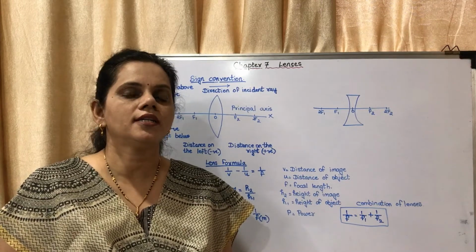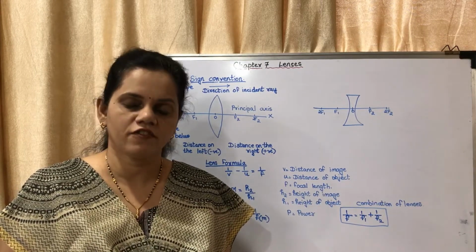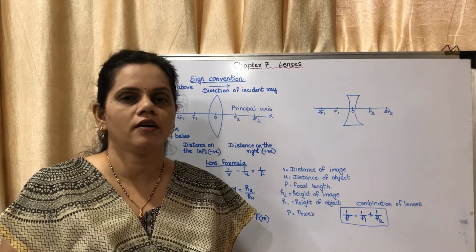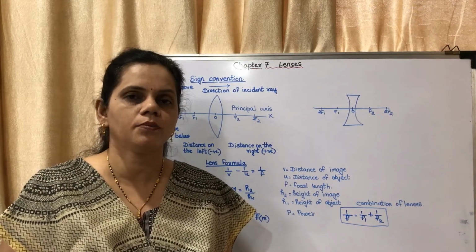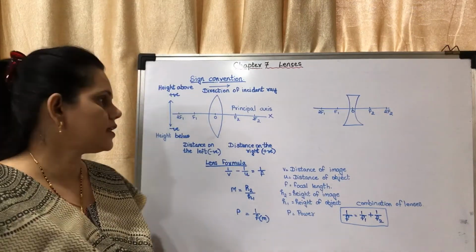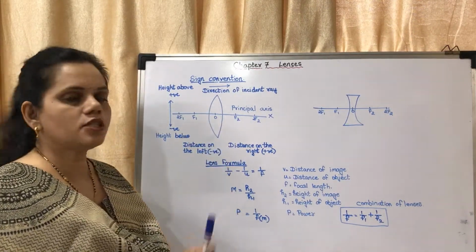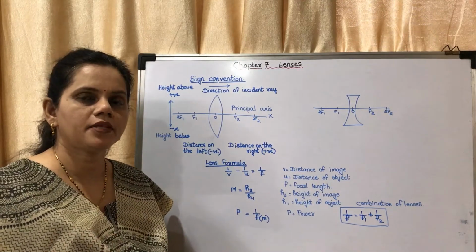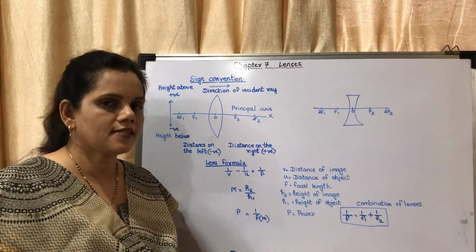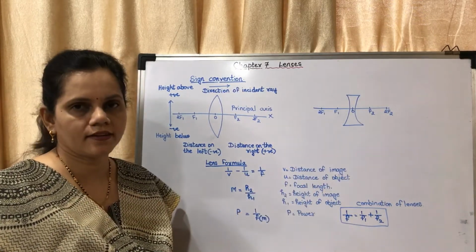Now what are the sign convention? It is a 5 mark question. Under this there are 5 points. You have to write the 5 points, 1 point, 1 mark. Now we will see what are the sign convention. This is a lens which I have shown in your diagram. They have shown separate diagram for convex lens and that of concave lens.